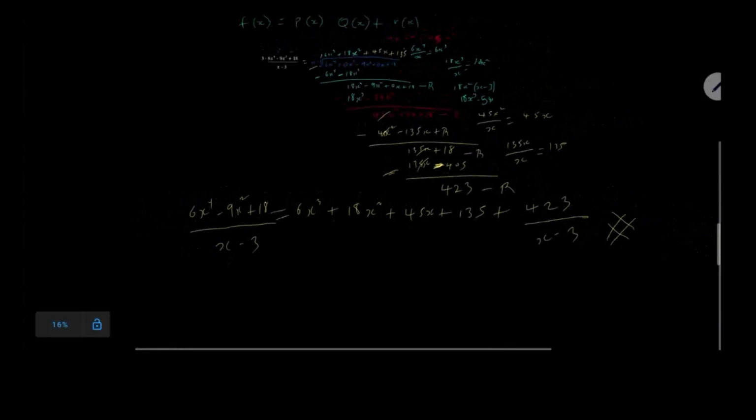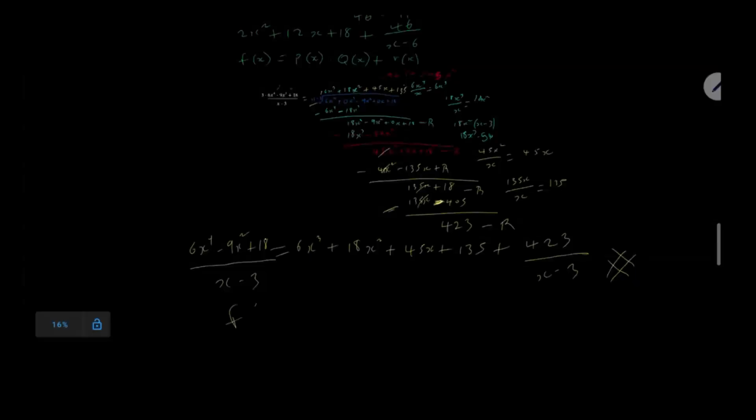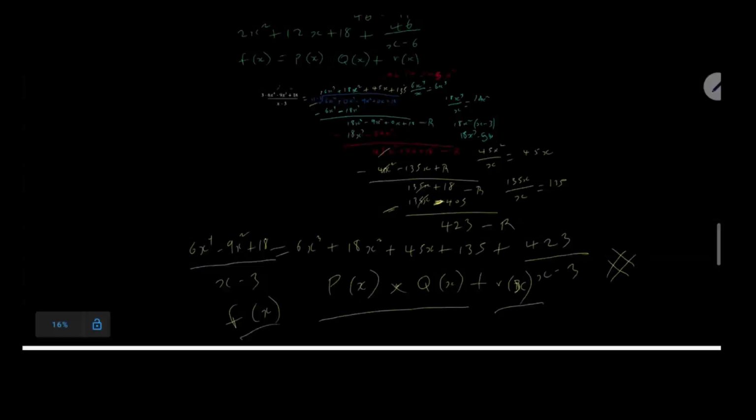So this is our f of x, and then our p of x times our q of x plus our r of x. So we see these ones are the multiplication of the quotient and then the divisor. We get p of x times q of x, and then the remainder is our r of x, and the polynomial itself is f of x.